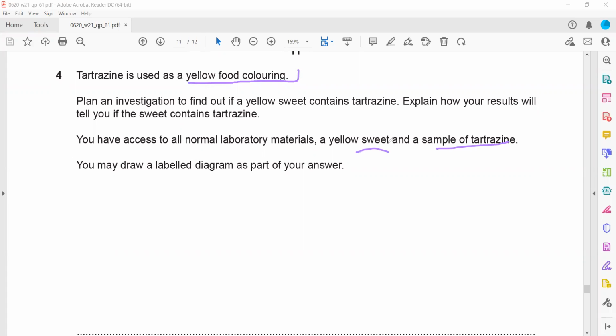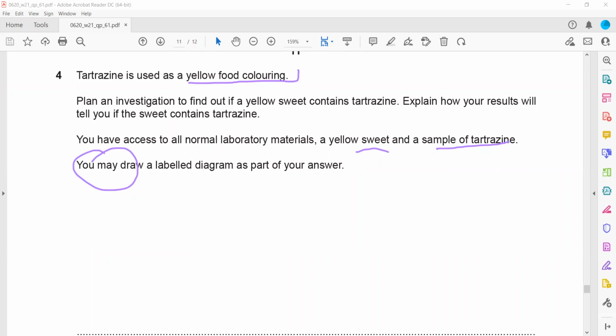So we have a yellow sweet and we want to find whether this yellow sweet contains tartrazine. And you may draw a diagram. Whenever they say you should draw a diagram, it is because maybe you missed any point in the explanation, so that will cover up from your drawing.